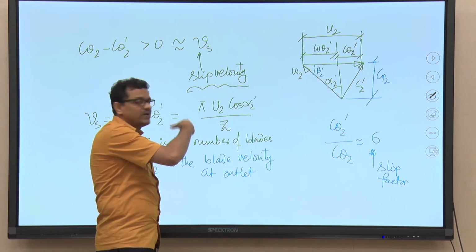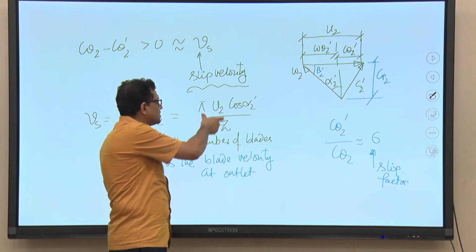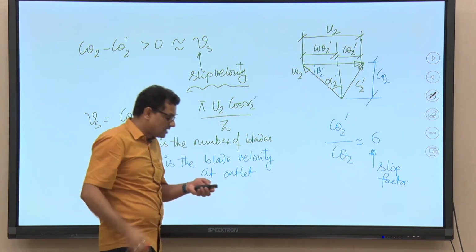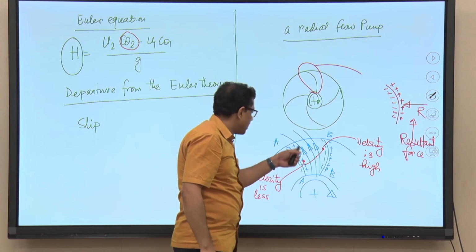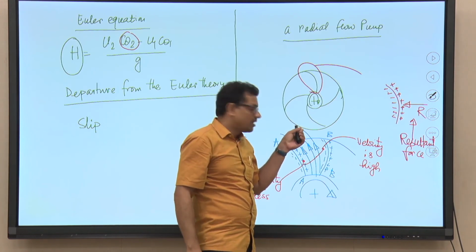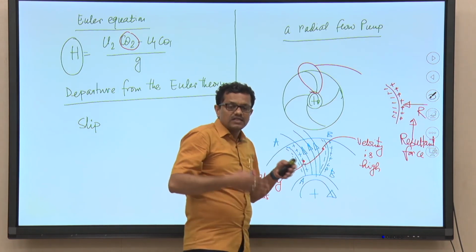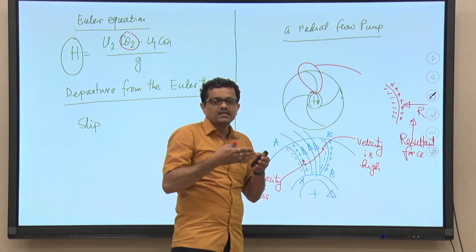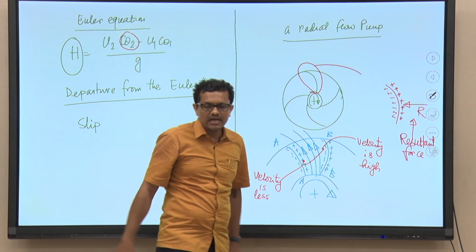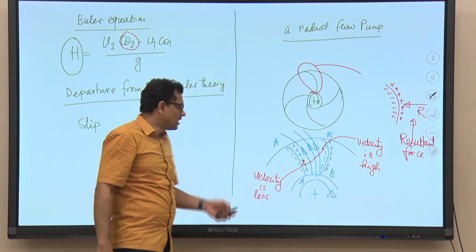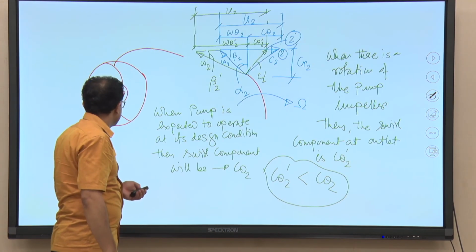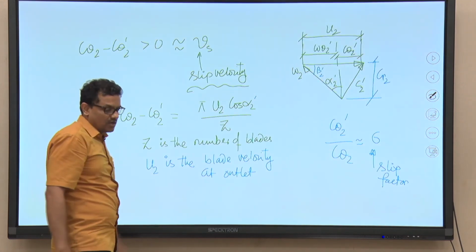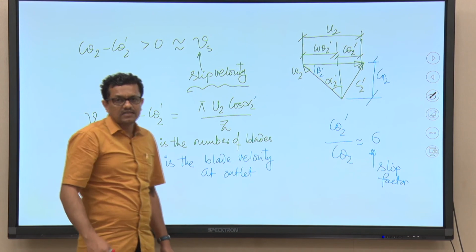When we try to establish the expression of the slip velocity, we will discuss in detail how the eddies are formed, and when they are being formed, they try to grow in size, and from that eddy formation phenomenon we will try to quantify the expression of this slip velocity, and that part we will discuss in the next class.